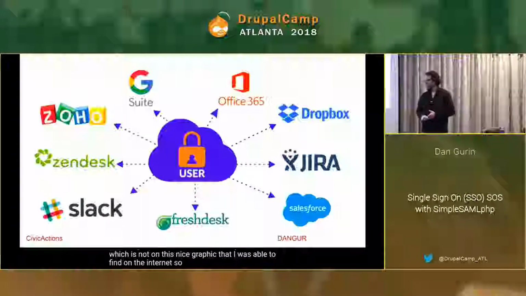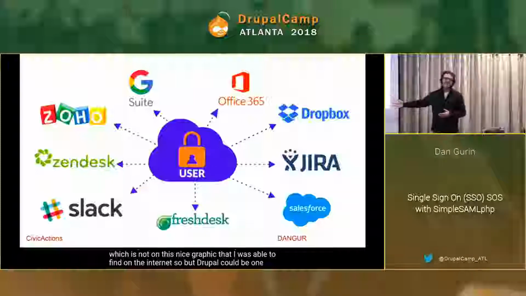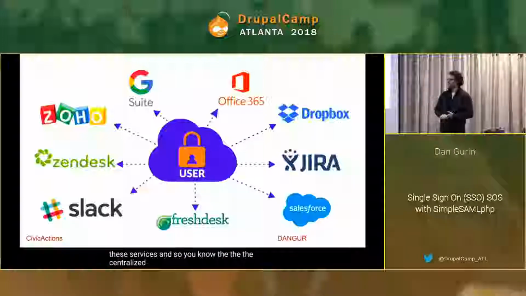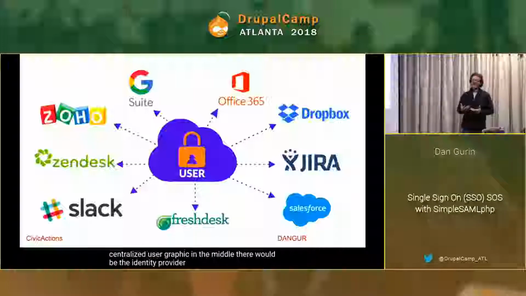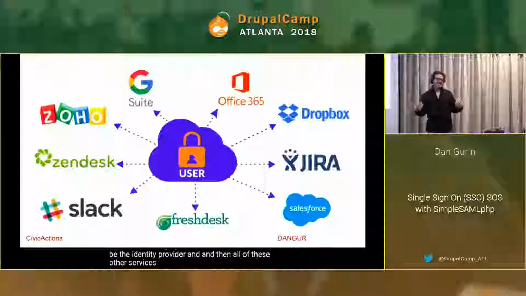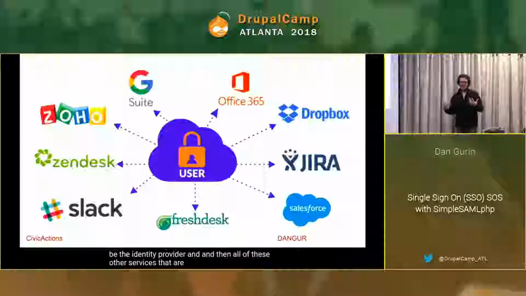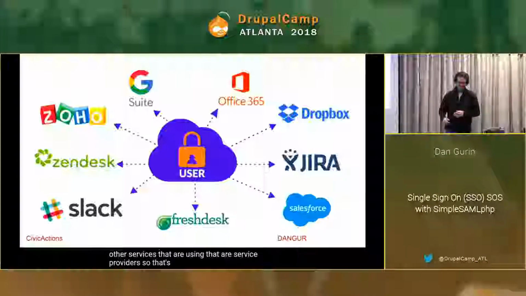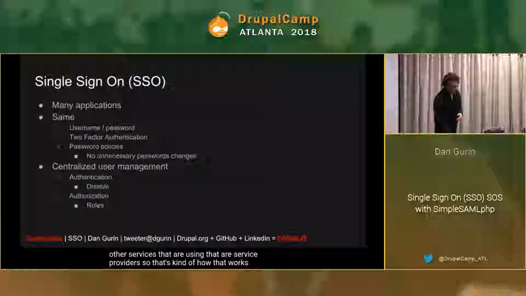But Drupal could be one of these services, and the centralized user graphic in the middle there would be the identity provider, and then all of these other services that are using that are service providers. So that's kind of how that works there.